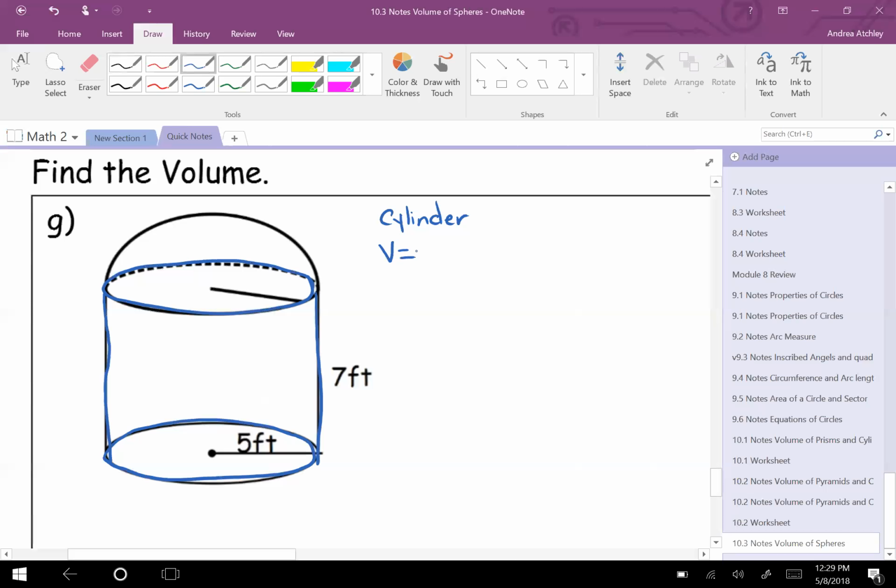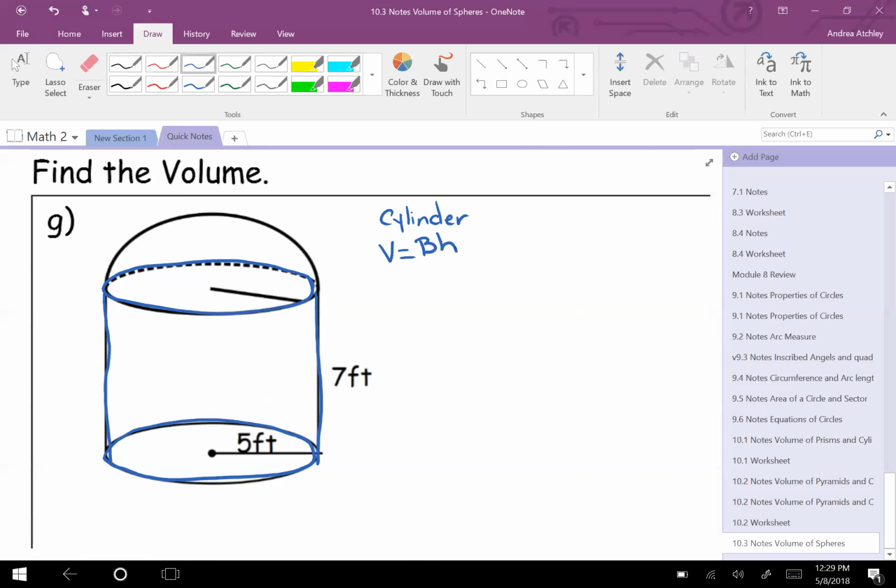That's the area of a circle, pi r squared. Area of the base times the height. Very good. A cylinder is the area of the base times the height. A cone would have that 1/3 in front of it. So I don't need the 1/3 because this is a cylinder. You need to know these things, guys.